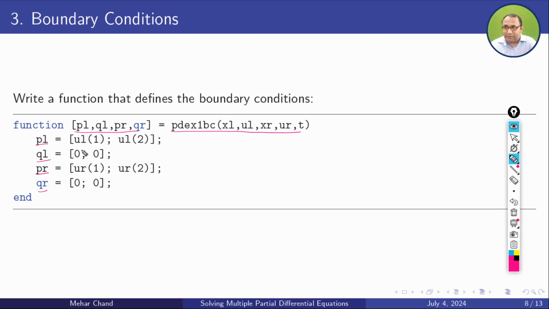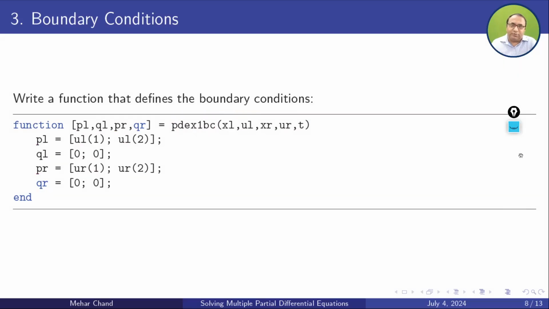Here these are the left boundaries for both equations: ul1 for the first equation, ul2 for the second equation, and ql is equal to 0 here. pr is equal to ur1, ur2, these are the right boundary values, and qr for both is 0 in this equation. These are the boundary conditions, and we need to save this function in MATLAB with this name.